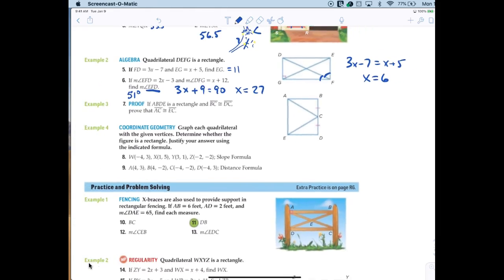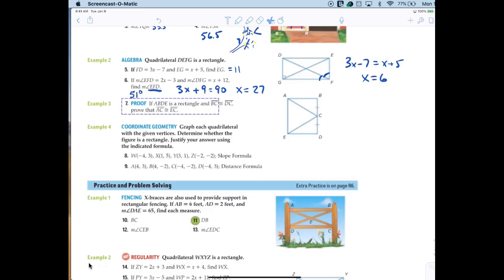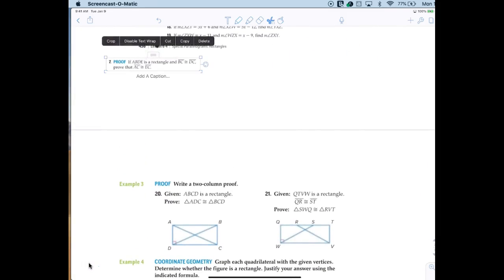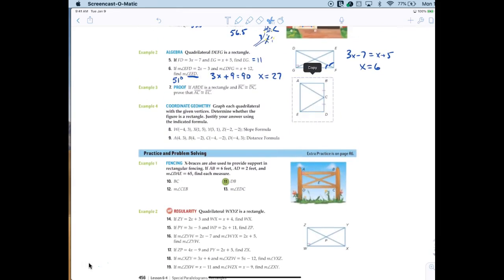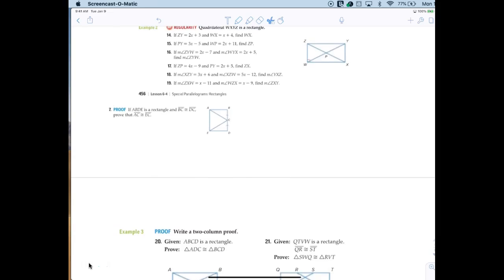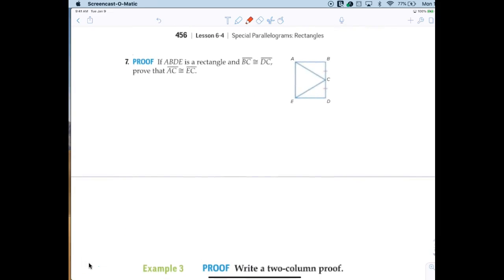All right, so now let's set up the proof. All right, let's see how good we are. Statements.